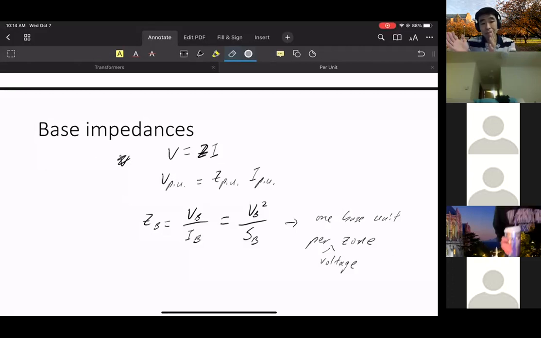If you choose the largest one, then every number becomes a number like 0.2 or something when you divide. And we almost never operate a system that close to the power rating anyway. So normally we look at the nominal load supplied by all these transformers and pick some value close to the nominal load.